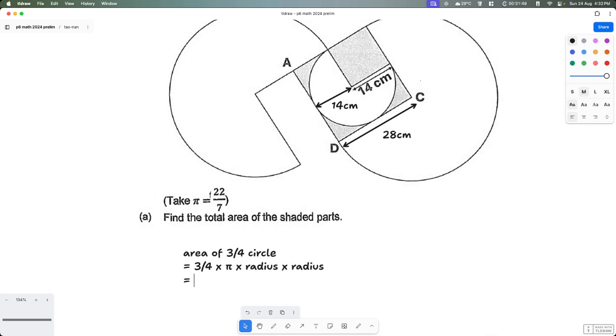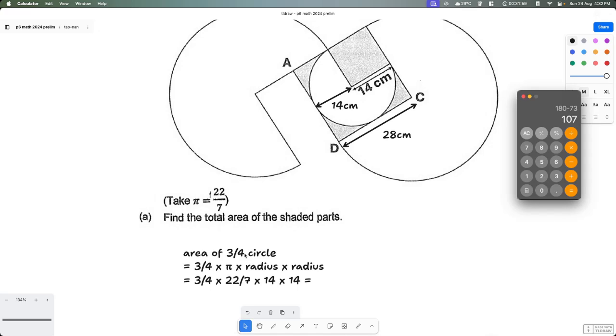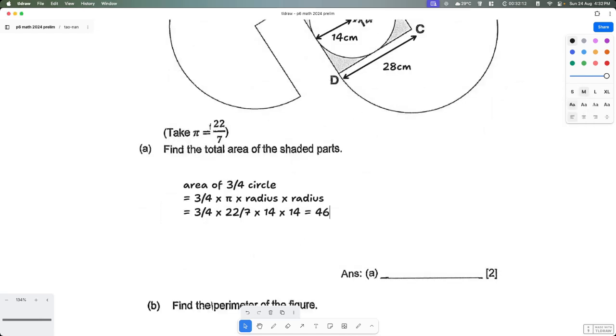So the radius here is 3/4 times 22 over 7 times 14 times 14. Let's see what's the answer to this. So 22 over 7 times 14 times 14, 616. Then times 3 over 4, 462. So this is 462.